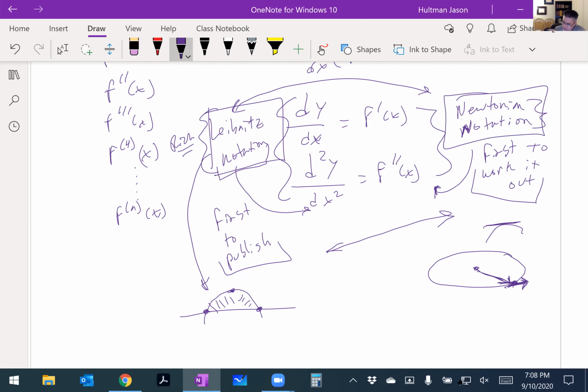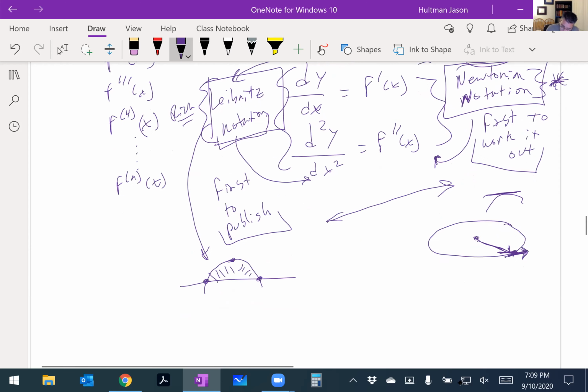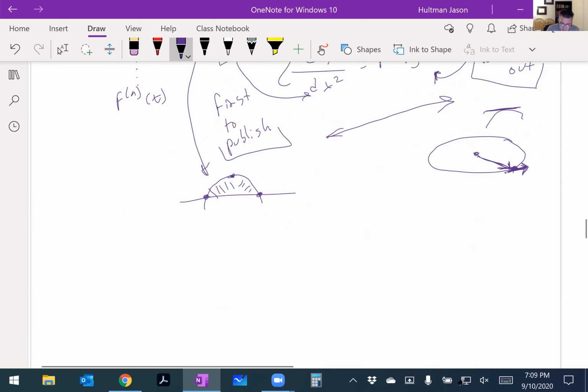I guess because he was the first to work it out, he won in the end, even though he didn't get his claim to fame when he was alive. He got it posthumously, which is usually what happens to artists. They get all their praise after they die, which is like, what's the point of that?